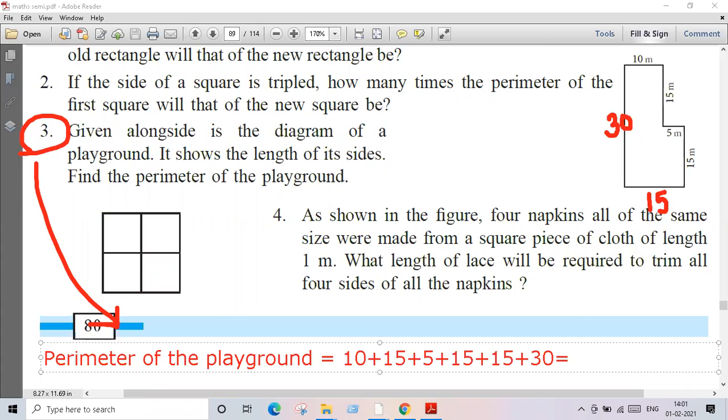Add करा, you'll get the answer. किती झाले बघा? 30 plus 30, 60, 60 plus 20, 80, 80 plus 10, that is 90 meter is the answer of question number 3.